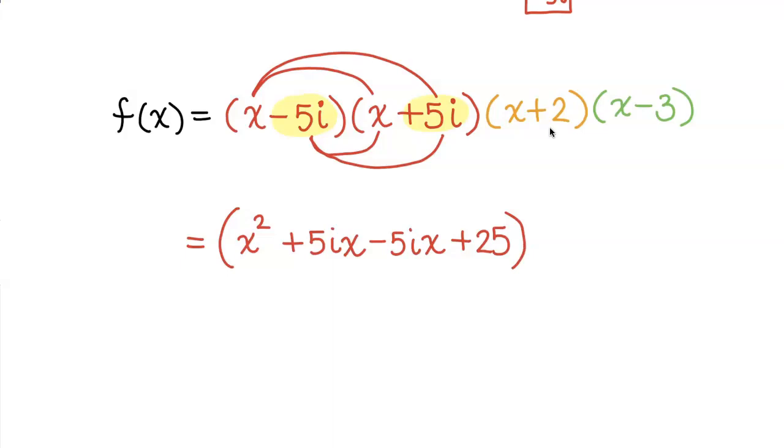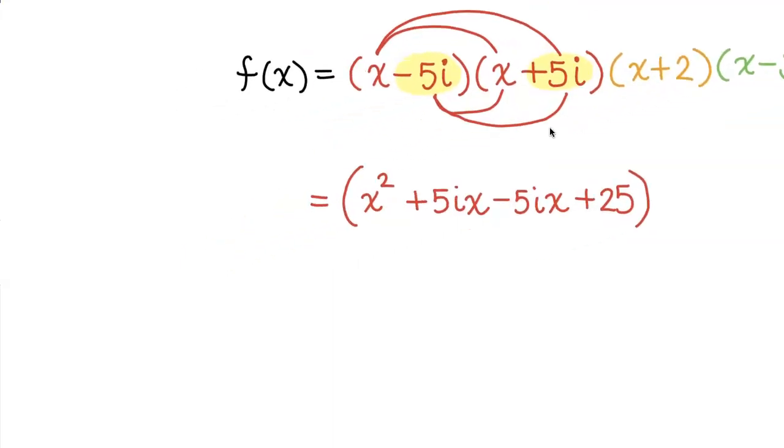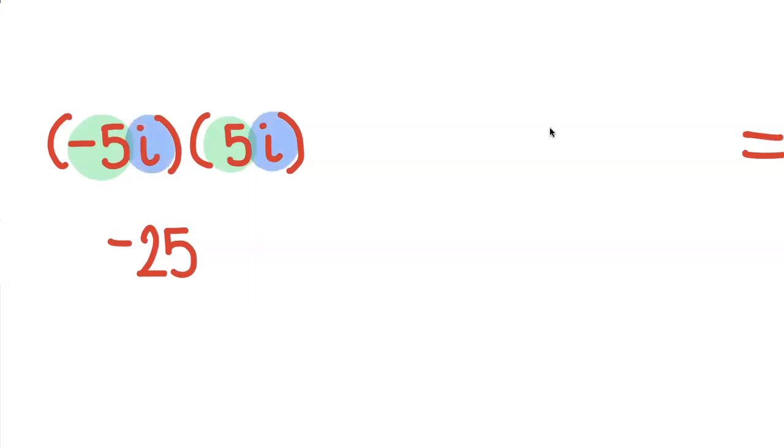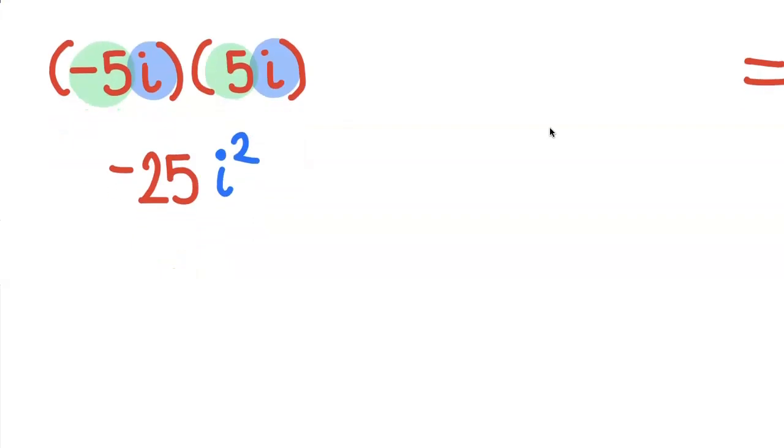Now why though? Okay, let me explain this on the side over here. When you are multiplying -5i and +5i, well, first of all, if you multiply the numbers, -5 times +5 will give you -25, right? But next, when you multiply i times i, what's that going to be? i squared, right? But what's i?